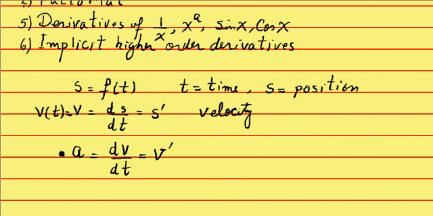And acceleration itself could be a function of time, and you might be interested in studying all of these at the same time. Sometimes people even study the rate of change of acceleration.